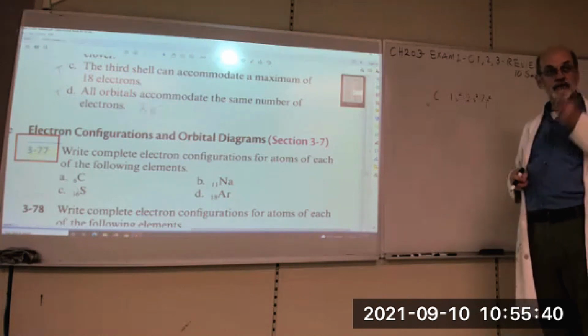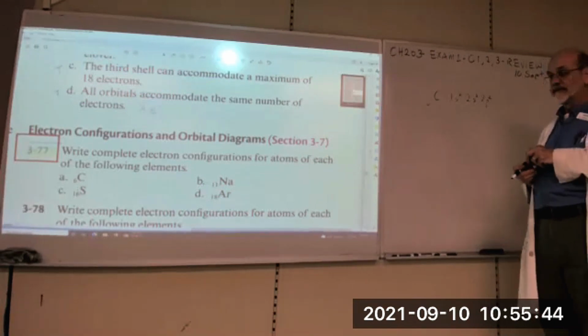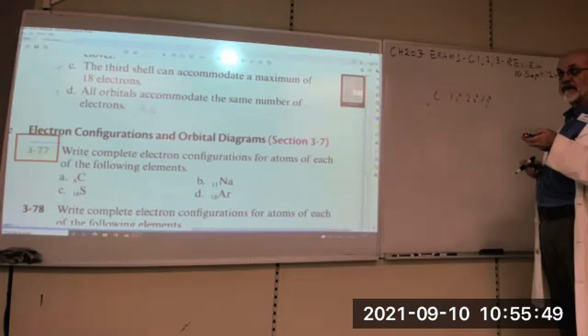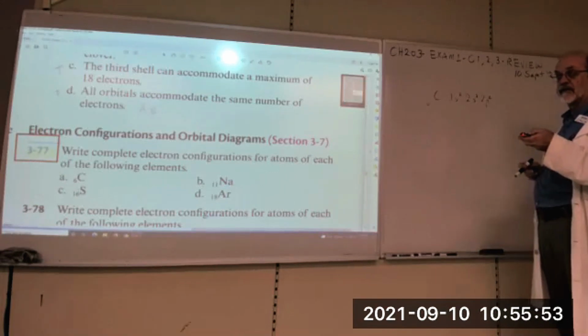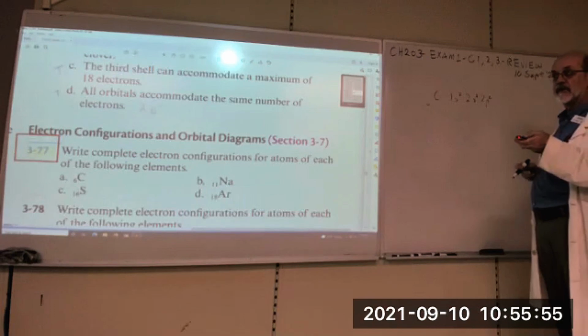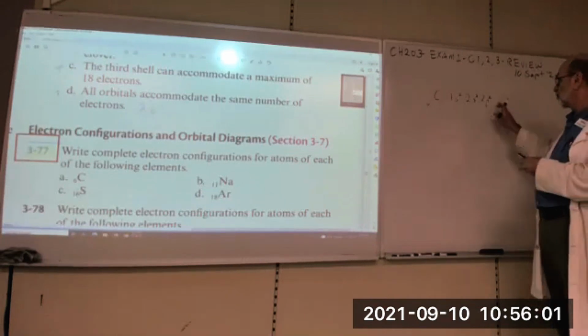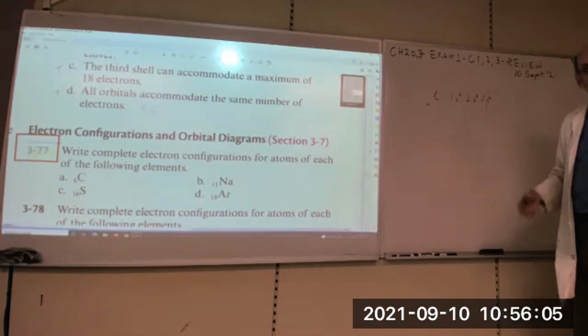All of those elements on this side are filling p orbitals, right? So in the second period, those s orbitals are already filled. 1s2, 2s2. Now you're into 2p, 2p1, 2p2. There you go, carbon. And that way, you can do it quick.